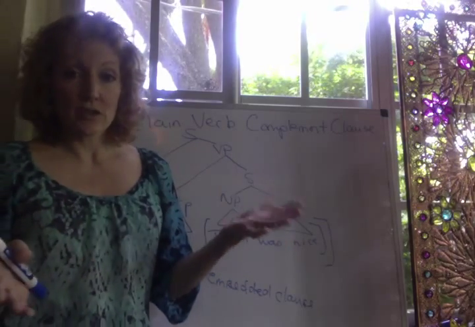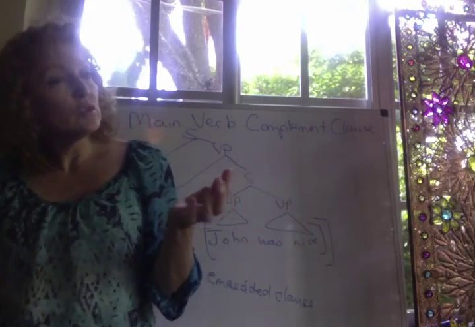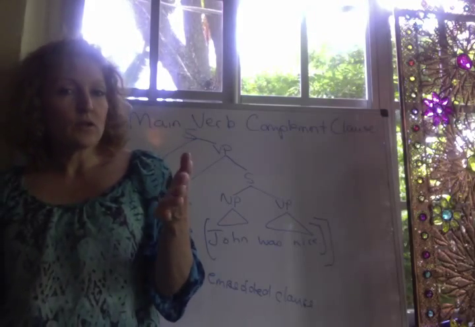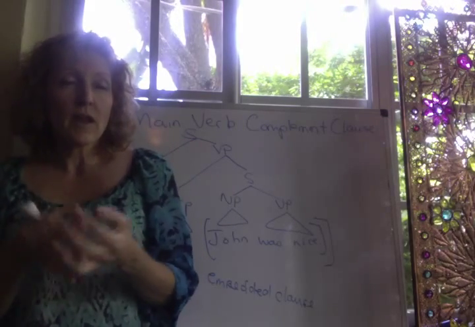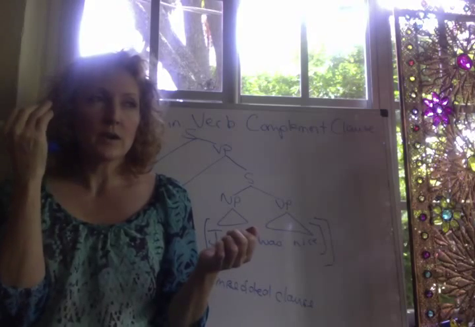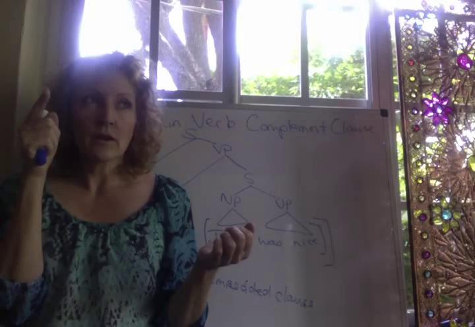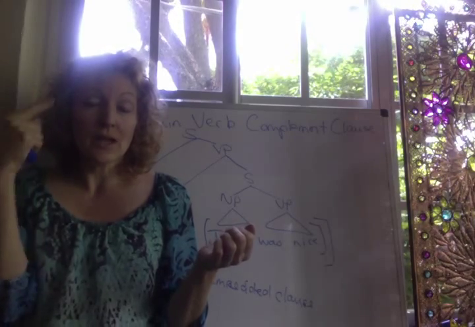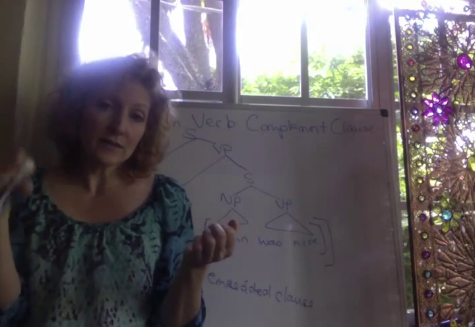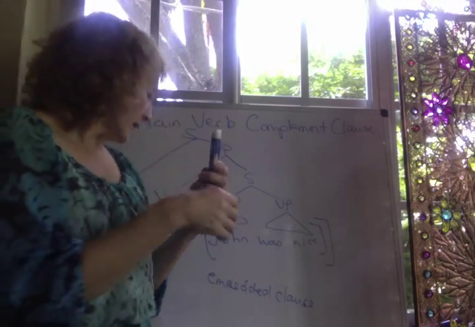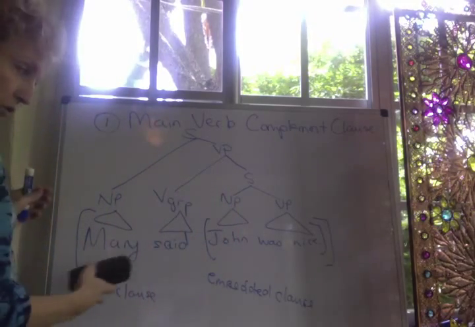It's not okay to just leave it out. So if you check in the languages that you're native speakers of, to think about the translation of Mary said John was nice, typically you're going to see that there's a word there that is functioning as a complementizer that has to occur at the beginning of the embedded clause. So this is something kind of weird about English. You can either have it or not have it.